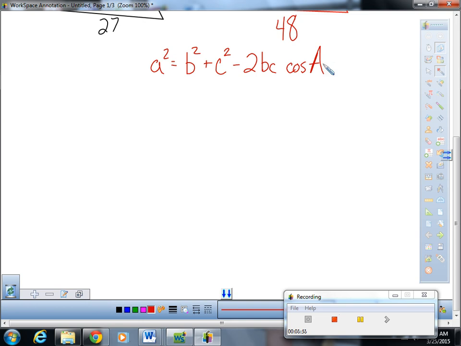Once again, our lowercase letters are going to be side lengths, and our uppercase letter is going to be an angle measure.